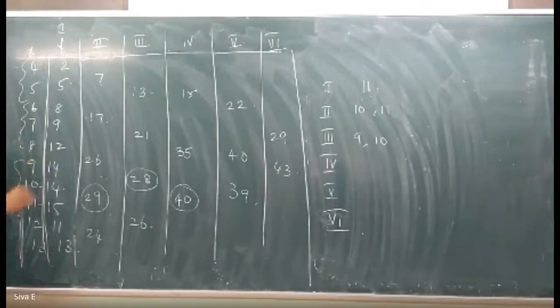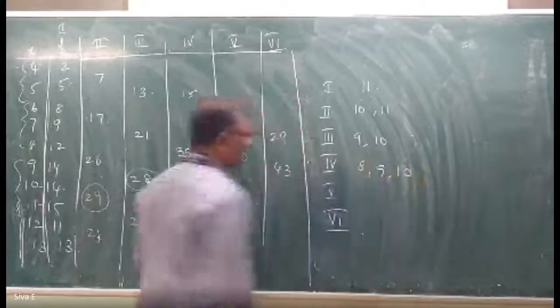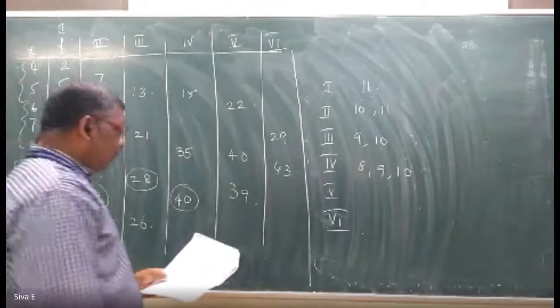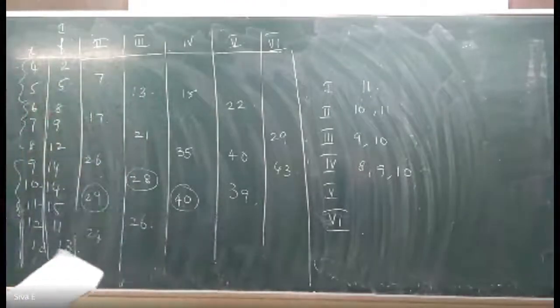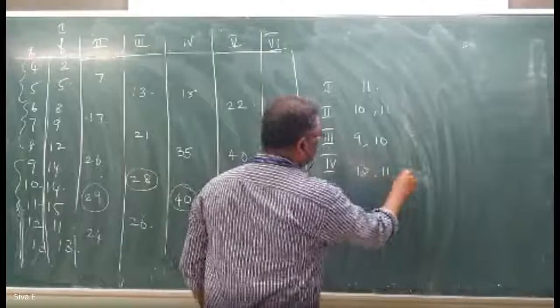So for the first one, 11; second one, 10, 11; third one, 9, 10; fourth one, 10, 11, 12.